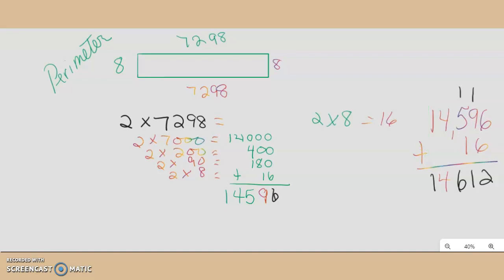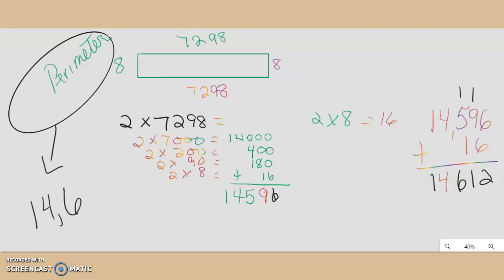So the perimeter, which is going to be the answer, will be 14,612. That is the perimeter. Questions, concerns? That's how you solve all 4-digit by 1-digit perimeter problems. All of them. Best of luck.